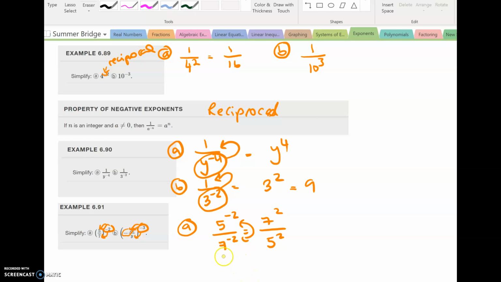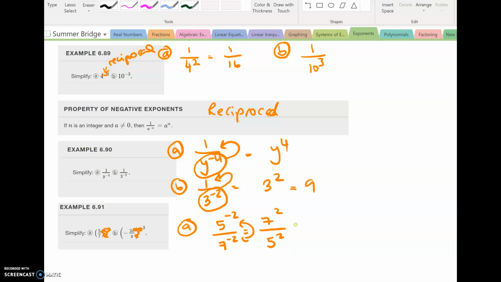Okay, another way that you could have done this is saying, hey, both of these exponents are actually negative. So to make those positive, just automatically flip these guys right away. So we could have flipped them before we even began. We could have just started straight from here. Okay.